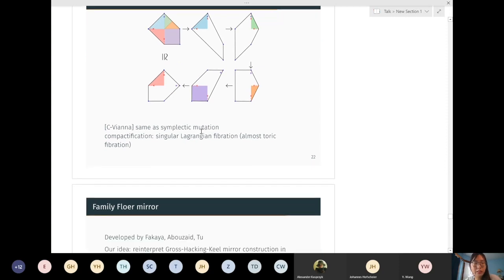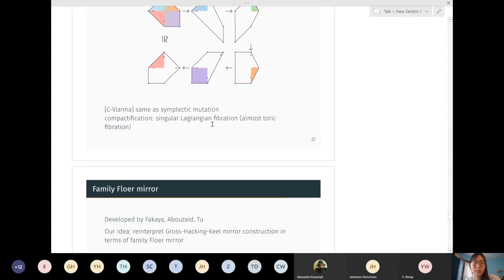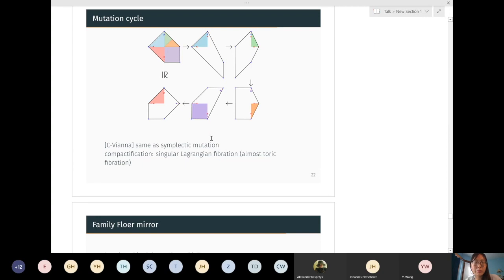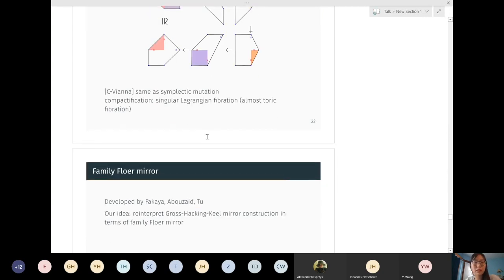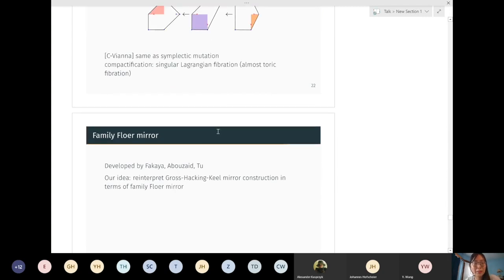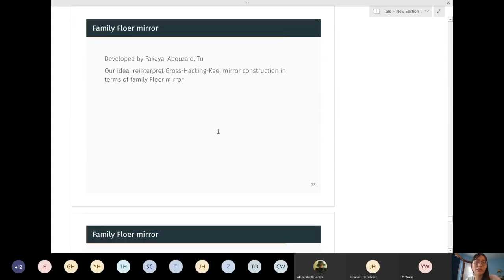And then the next piece of evidence is not exactly about polytopes, but about the wall-crossing structure. That's why it appeared in our title. What we want to do is this family Floer mirror construction, very similarly, in this cluster world. Family Floer mirror was developed by Fukaya and Yuan, and what we are doing with Fusion is we are going to use this construction.